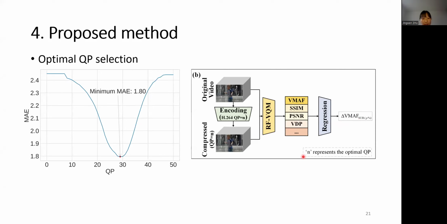How do we select the optimal QP? We just try every possible QP and pick the one that gives the smallest error.